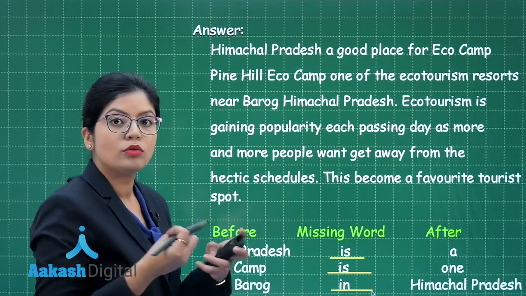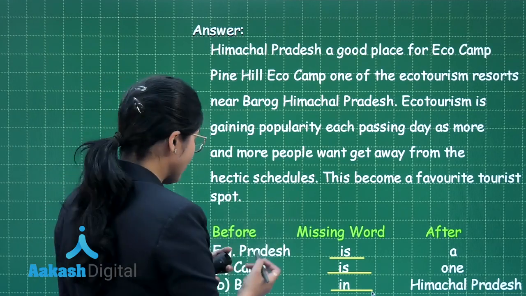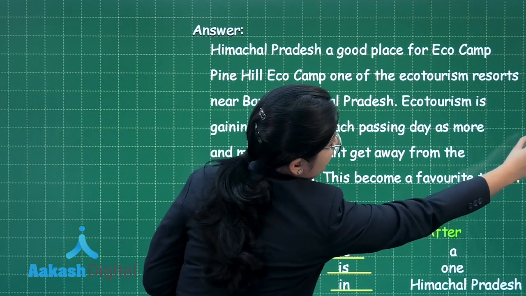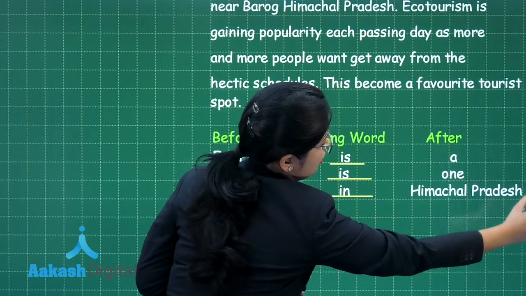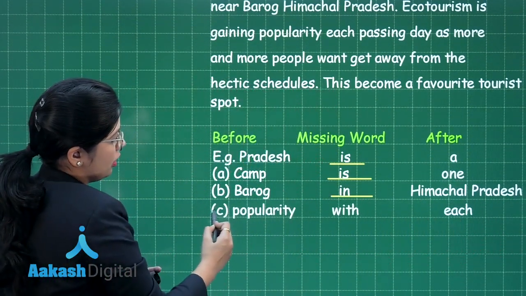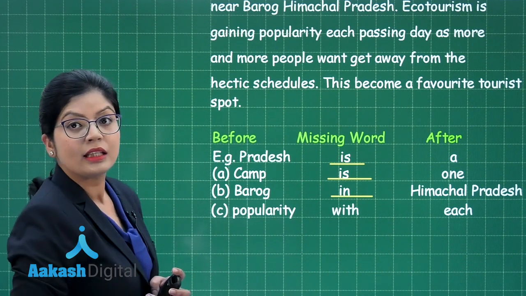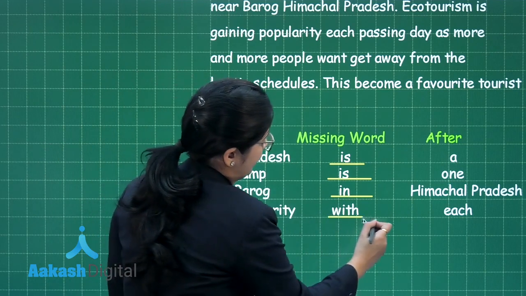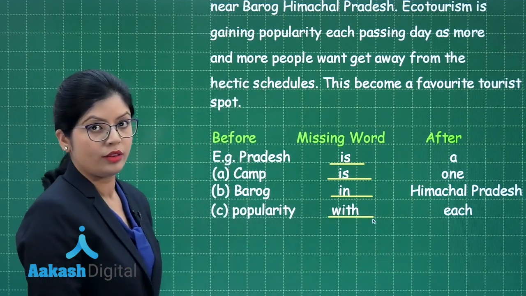How am I supposed to complete this sentence? Again, we require a preposition that is supposed to join these two parts. Which is the most appropriate preposition here? Popularity with each passing day, and thus the most appropriate preposition is with.